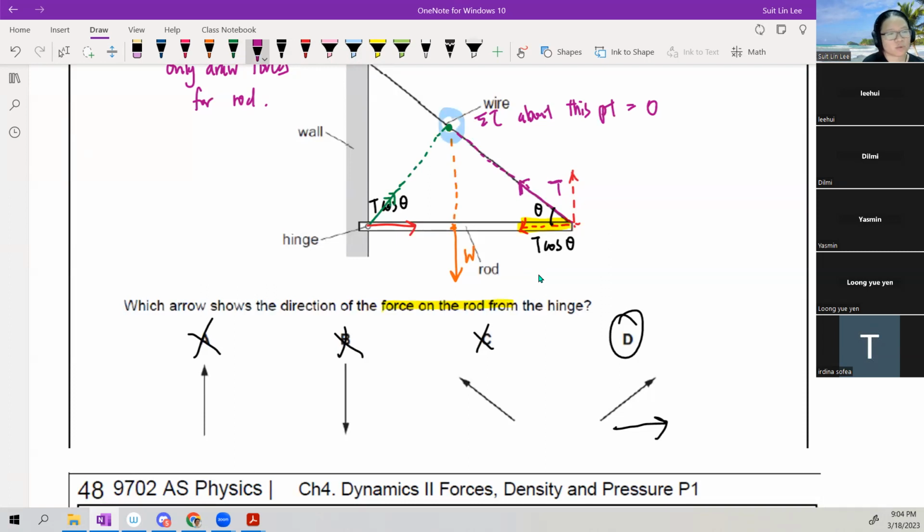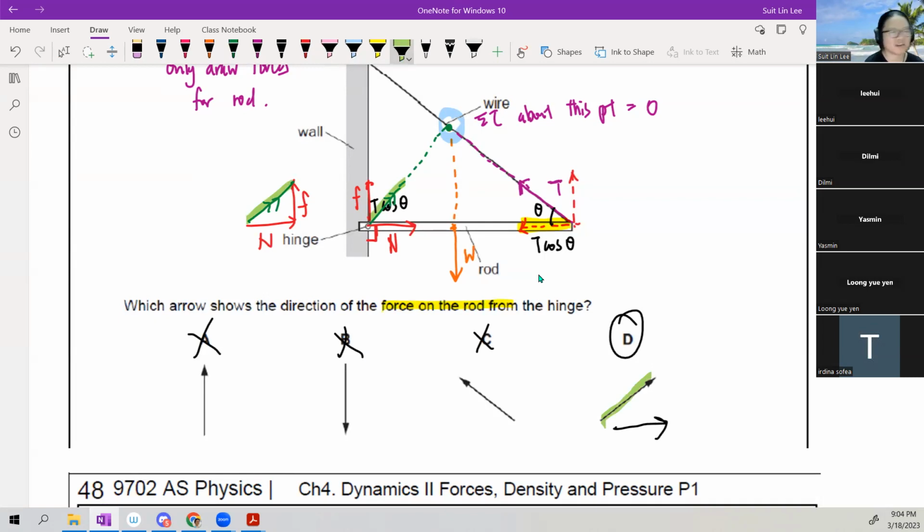So they have to intersect at one point, which means this force is actually the normal reaction force between the hinge and the rod. And the other force is friction. And it is the resultant force between N and F that gives us the force that is in this direction, pointing here.